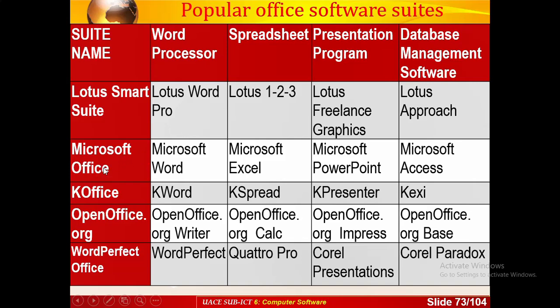This time around, many people use Microsoft Office Suite: Word, Excel, PowerPoint, and Access. We also have OpenOffice Suite, or WordPerfect Office Suite, and so many others. All these were used some time back, before the upgrade of the software suites, because currently we're using Microsoft Office.